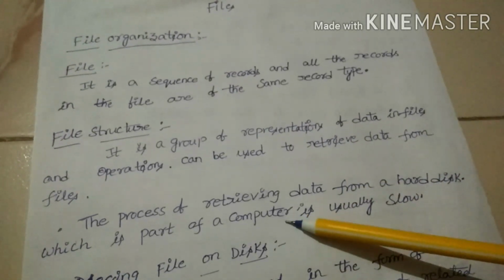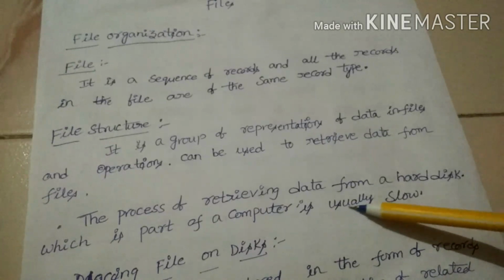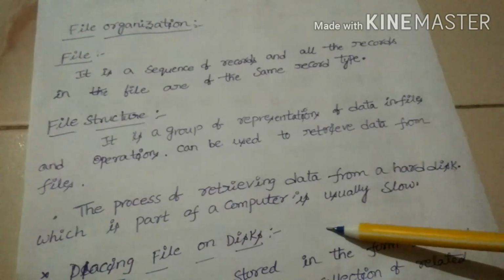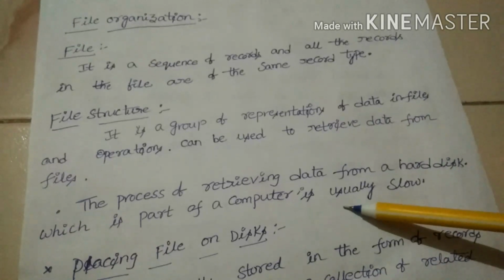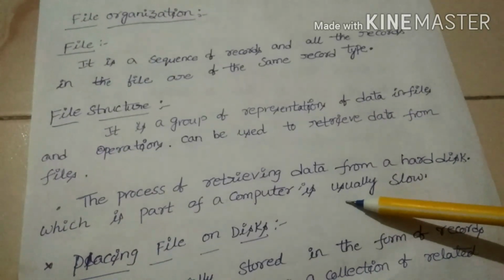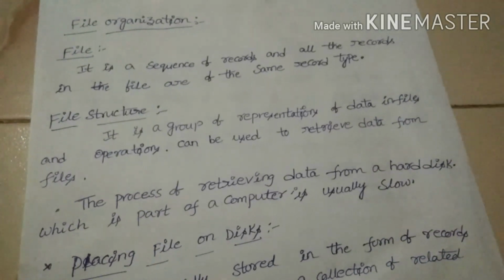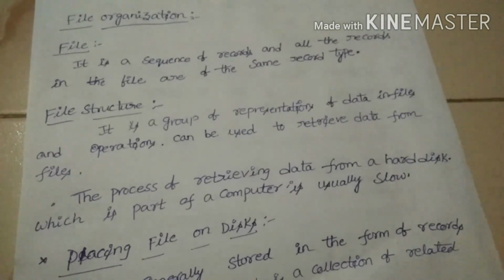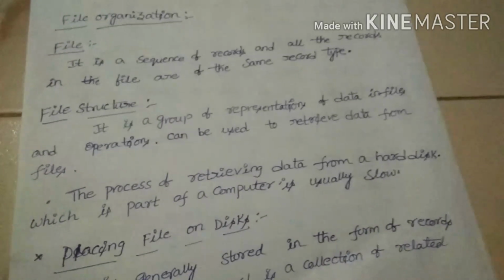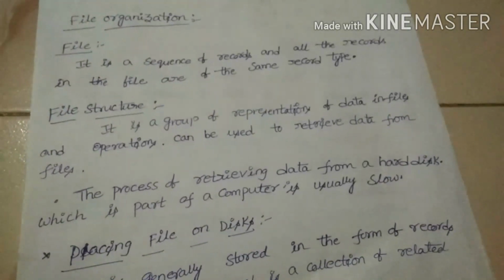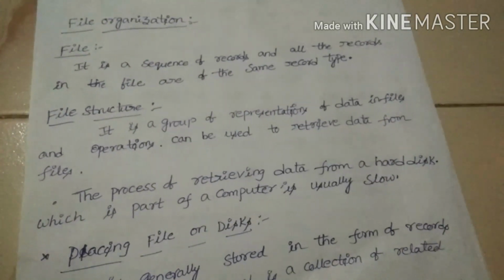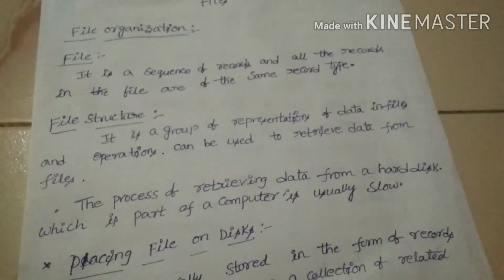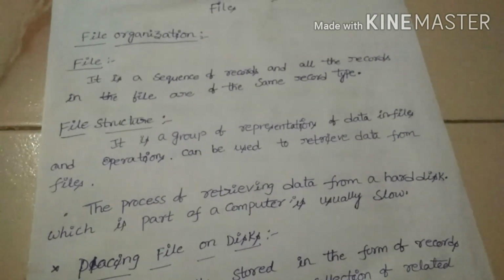The process of retrieving data from a hard disk, which is a part of the computer, is usually slow. A file structure is a combination of representations of data in files and operations for accessing the data. It allows applications to read, write and modify the data.